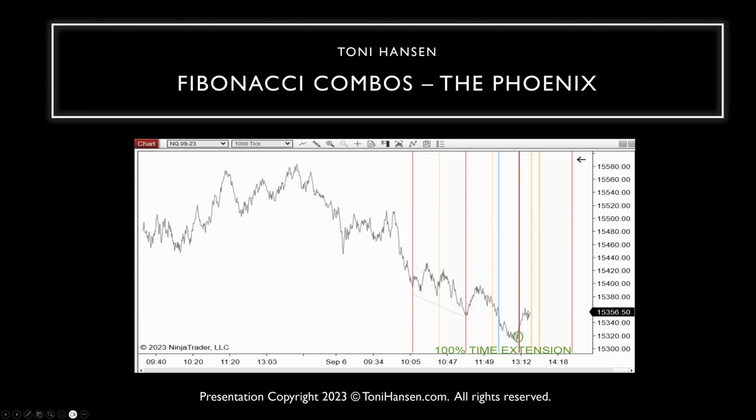So one of them was the midway point of this breakdown. So I was looking at that 50% retracement, which hit right here. And then the other one was just looking at the resistance levels up here too. And we'll go and pull those up here in a second. But notice how well adding like these multiple levels of Fibonacci really work together.